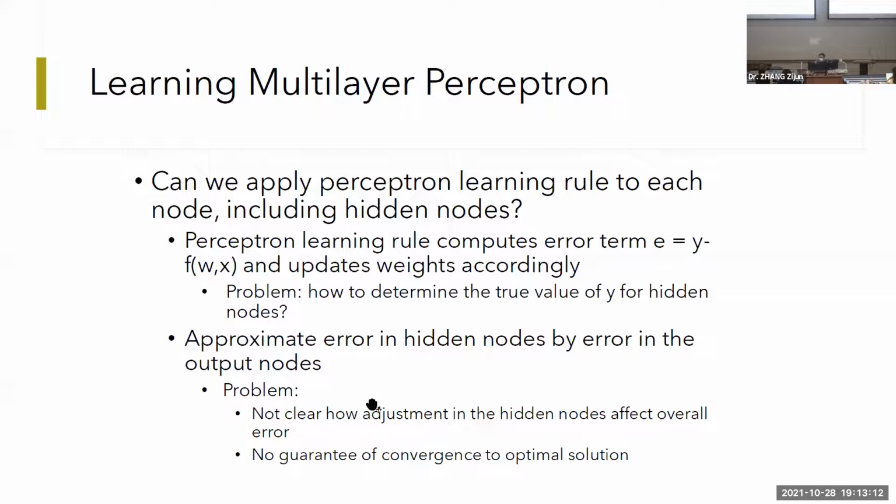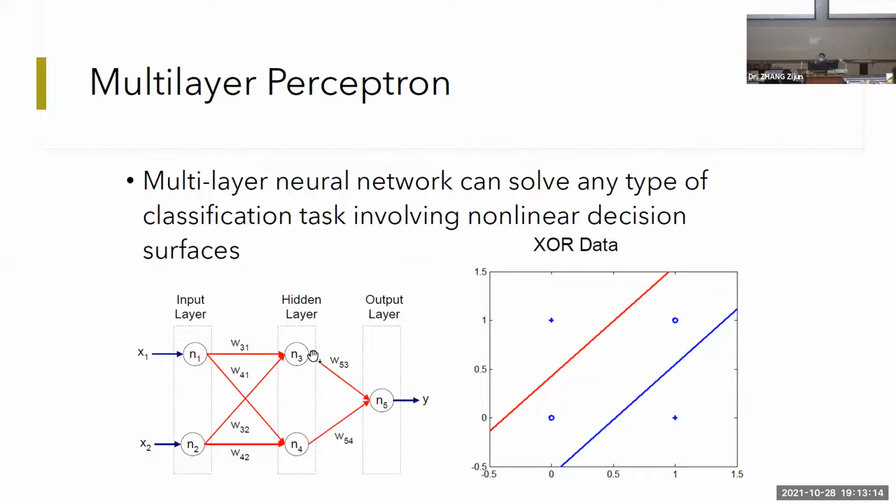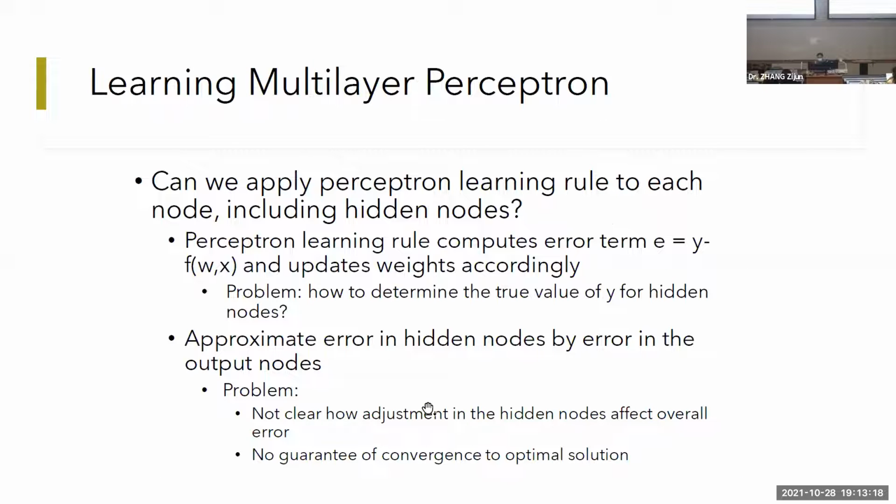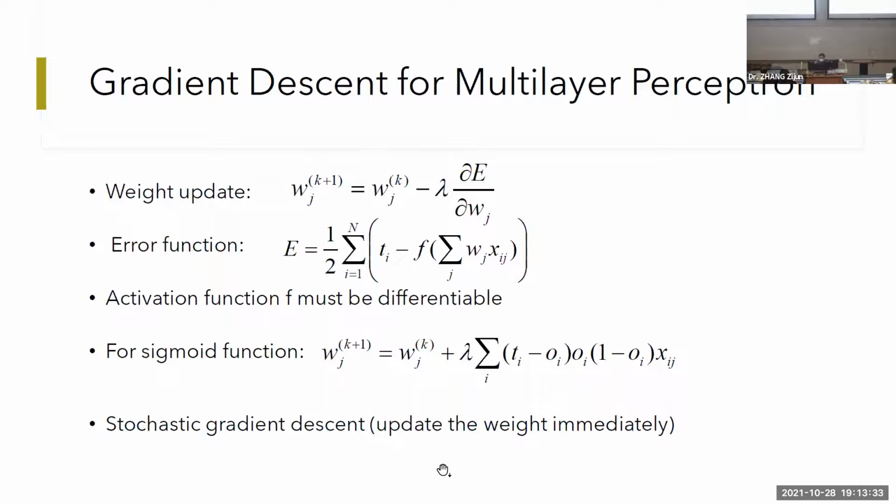We want to approximate such error via the errors we obtain in the output nodes. And the next problem is we are not sure how adjustment in the hidden nodes affects the overall error, and also there is no guarantee of convergence to optimal solutions. Okay.